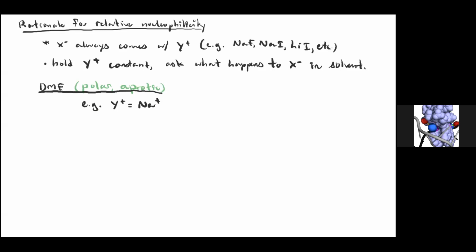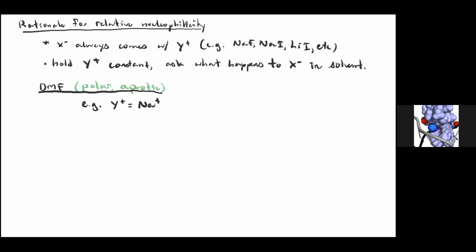When you put a sodium halide, sodium fluoride, into DMF, there's going to be solvation. What does solvation mean? It means the interaction of the solvent with the reagent. And so we say it gets solvated.